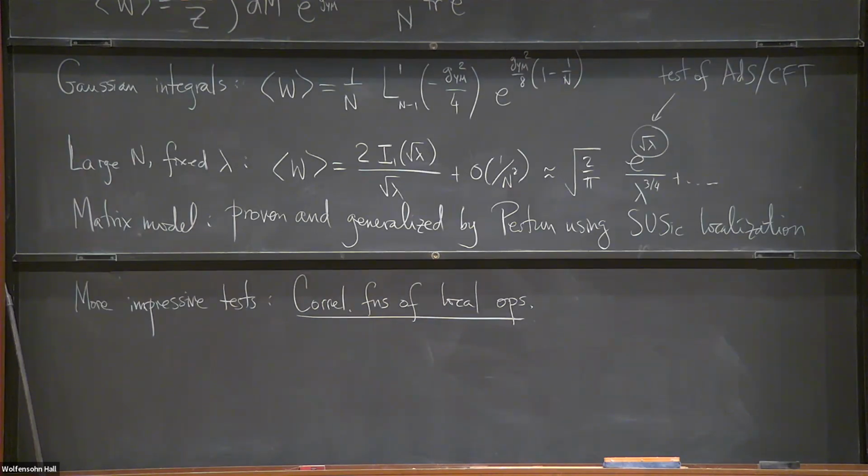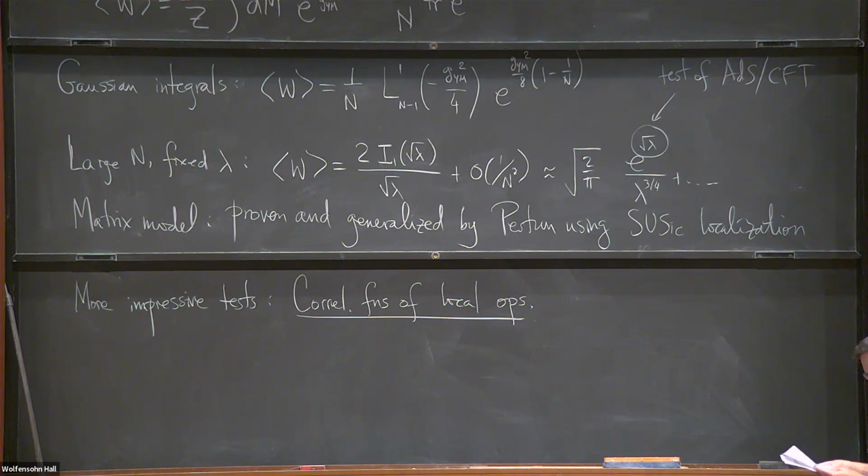Yes. It's half BPS. It has more supersymmetry than that. Yes, this is what Pestun did. And his goal was to prove that formula, that matrix model.